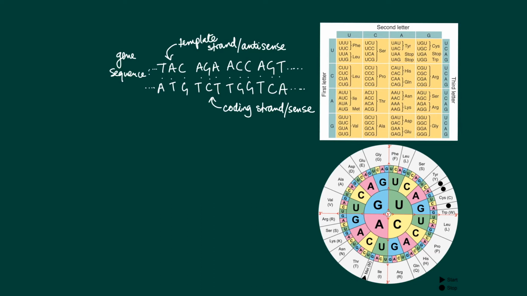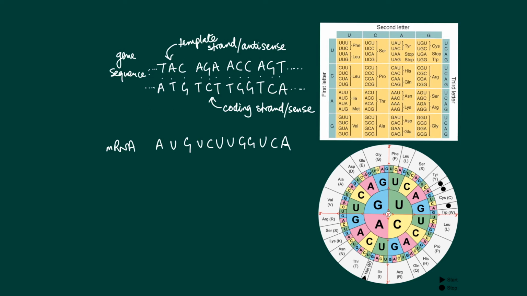So our mRNA that RNA polymerase will be making during transcription is going to read with every T replaced with U: A, U, G, U, C, U, U, G, G, U, C, A. So that's the mRNA molecule that is produced when our template strand on our gene sequence is transcribed.